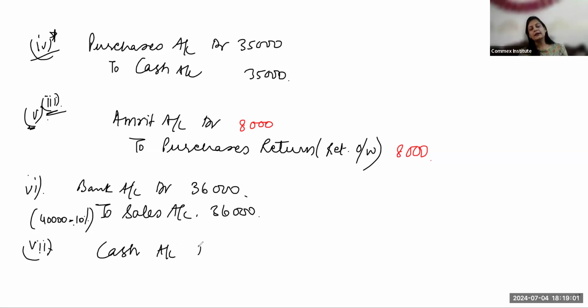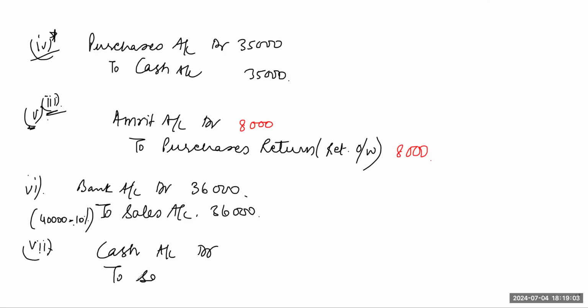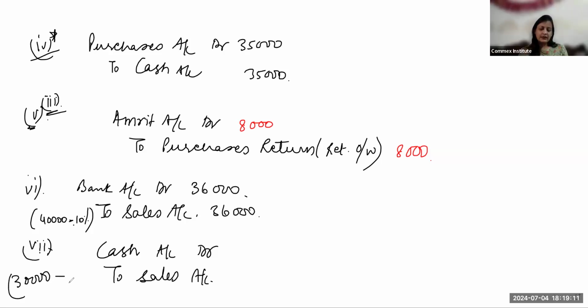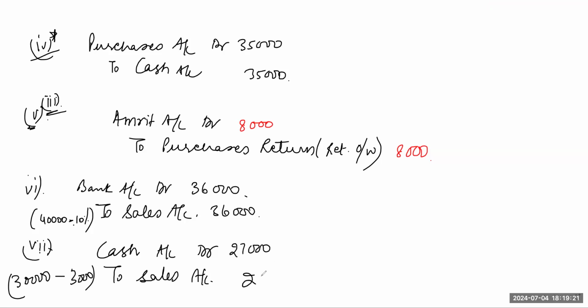Perfect. And the amount? Amount, ma'am, just a second. 30,000 minus 10%, which is 3,000, so 27,000, right? Yeah.